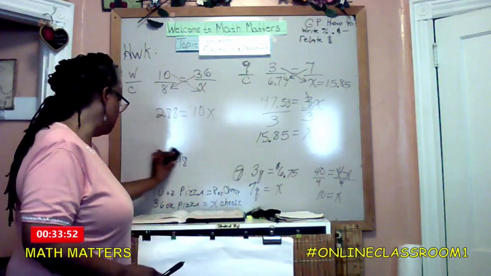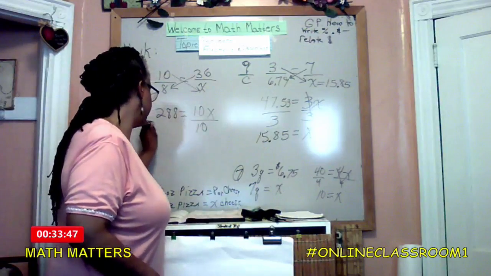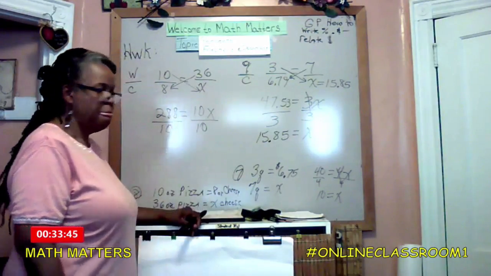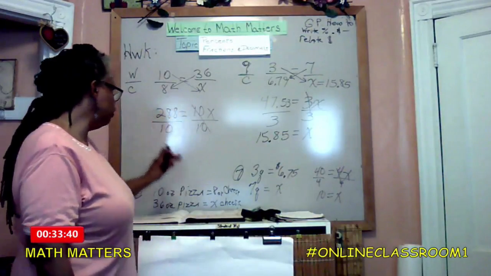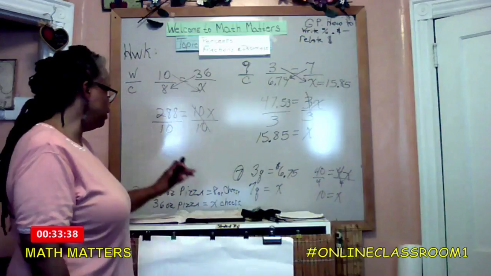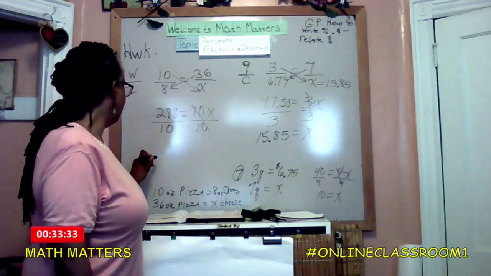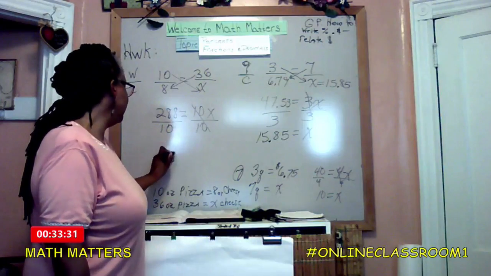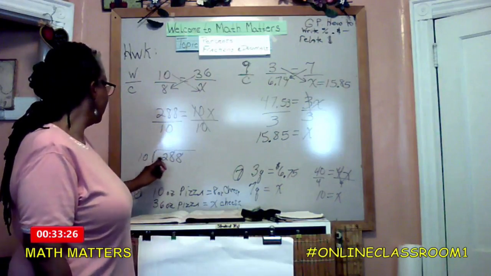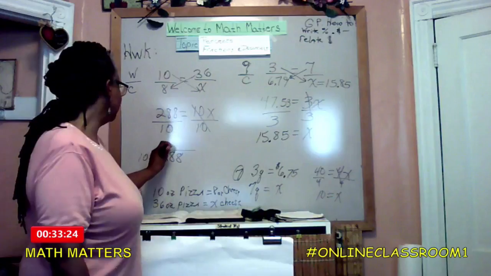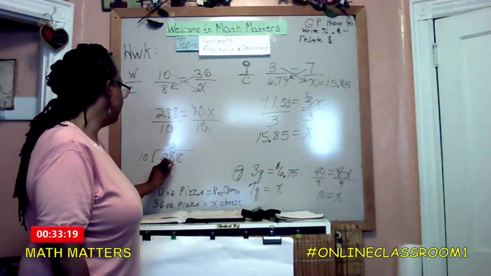We're not done at this point. We need to divide both sides by 10. And of course, there's a shortcut here, but we're going to do it. 288, I know what it is right now, but let's do it. 288 divided by 10. 10 goes into 28 2 times. 2 times 10 is 20.